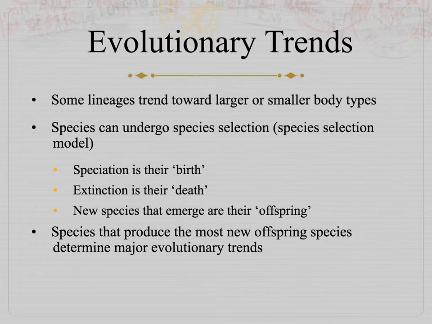So the species that produces the most new offspring, quote unquote, species, will determine what the trend is. The more offspring that species generates, the more the trend will go in the direction that species lineage is. So let's take a look at an example.